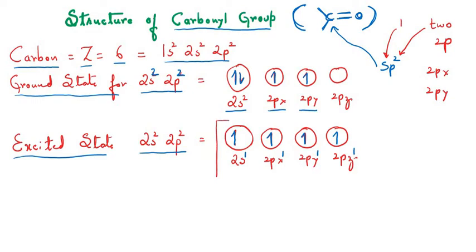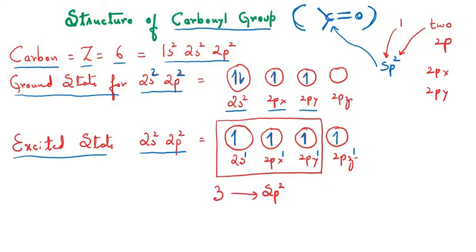So we can write that these three orbitals are involved in hybridization to give sp2 hybridization. Since there are 3 orbitals, after hybridization we get 3 sp2 hybrid orbitals.